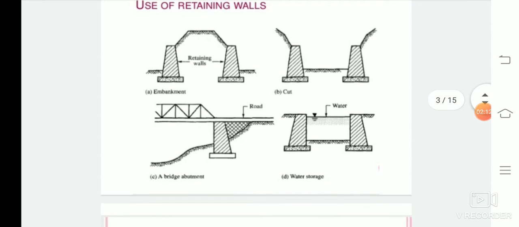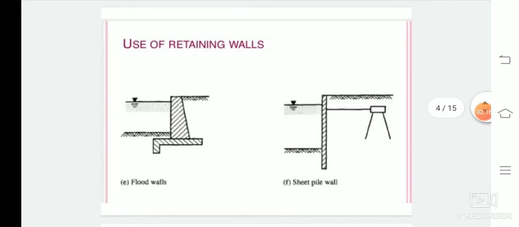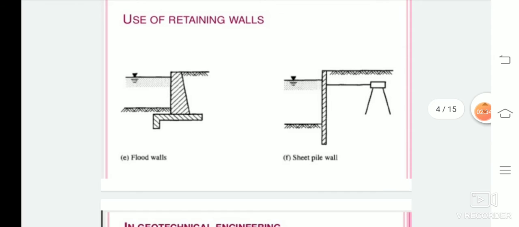So it varies depending upon the areas where the retaining wall is being used. And the portion of the backfill lying above the horizontal plane at the elevation of the top of the wall is known as surcharge.